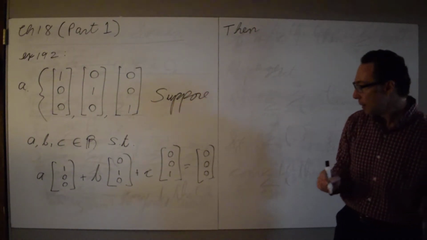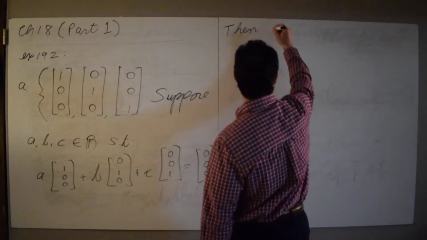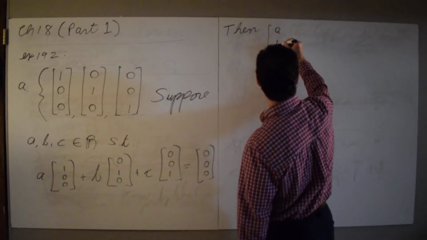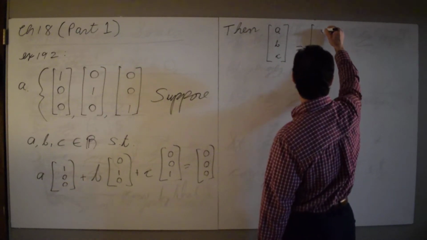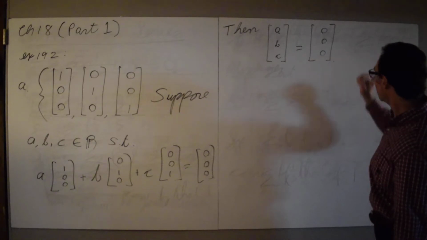Then what does that mean? Well, if you add these three vectors together, you have A, B, C is equal to the zero vector.